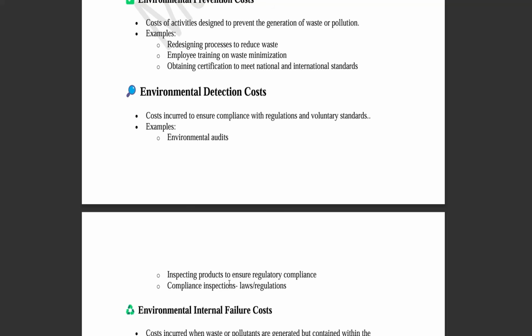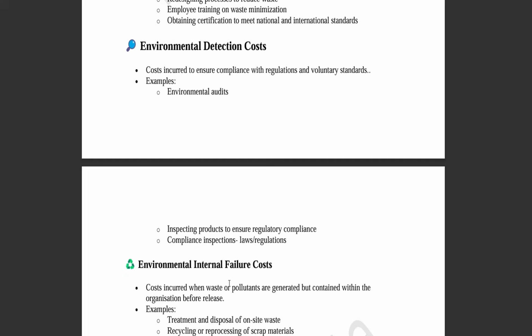Inspecting products to ensure regulatory compliance, inspection under laws and regulations. So these are all the costs we are incurring to ensure that we comply with the standard, to ensure that we are no longer producing the waste. Why? To protect the environment.